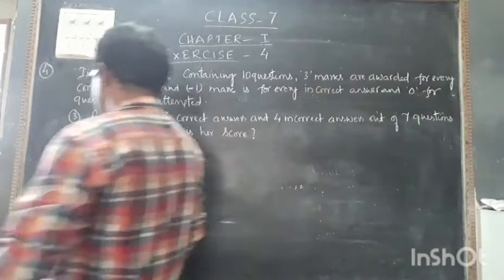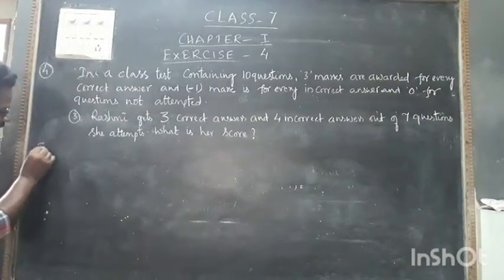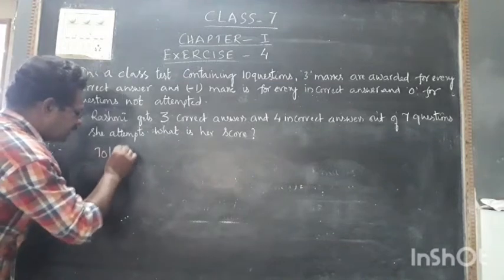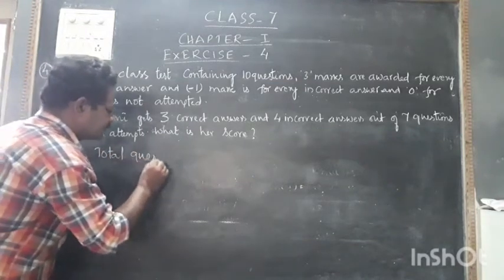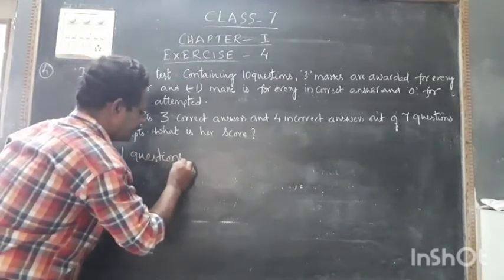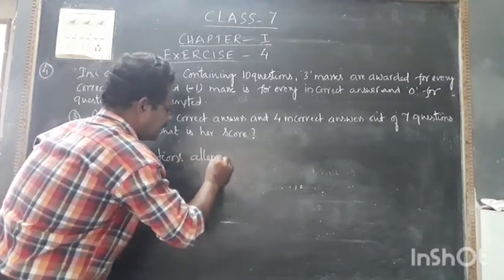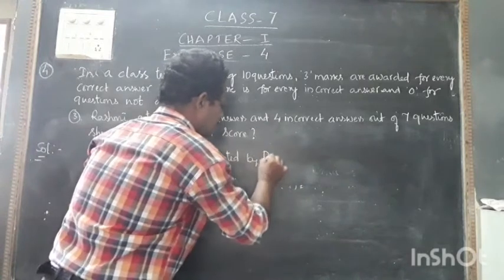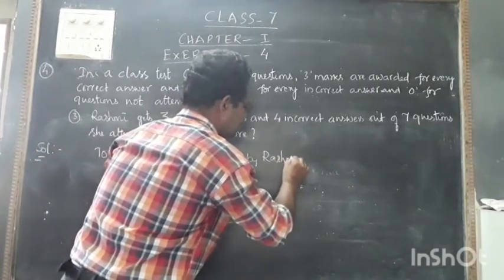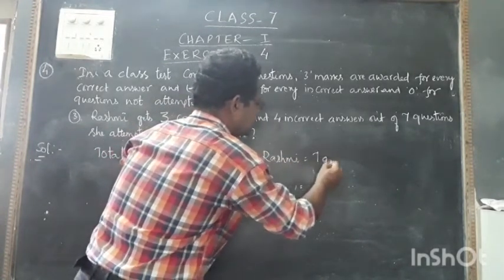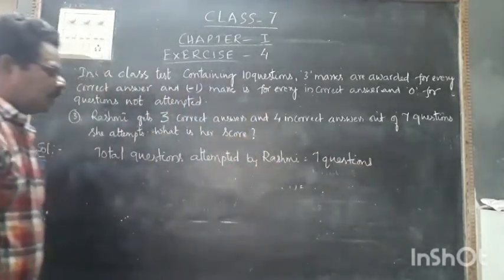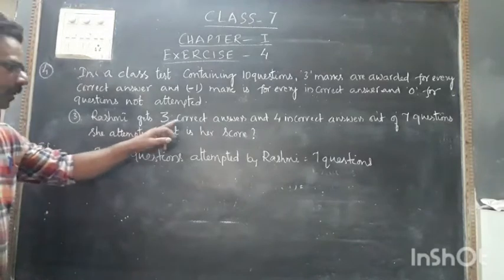Okay, that we shall do on the board. So what we can write? Total questions attempted by Rashmi is equal to 7 questions. Out of 7 questions, how many correct answers?